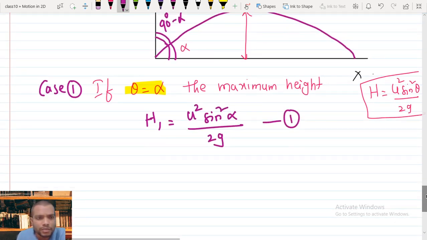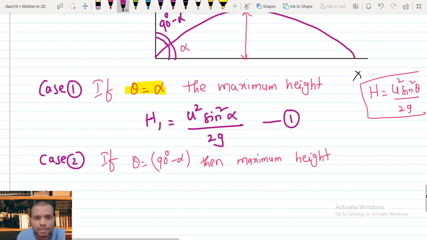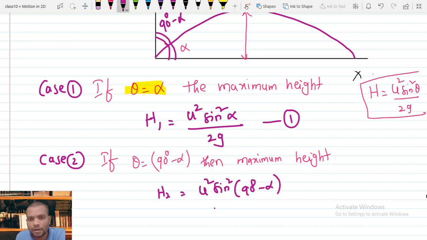When it comes to case 2, if theta equals 90 degrees minus alpha, then the maximum height, in this case I would like to take as h2, equals u square sine square of 90 degrees minus alpha upon 2g.